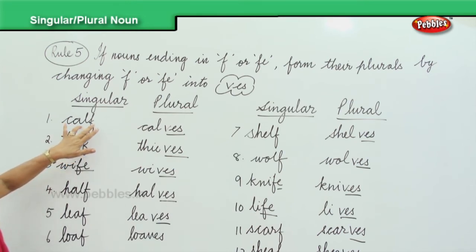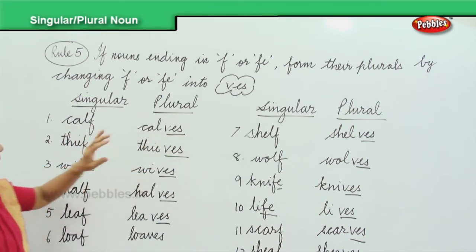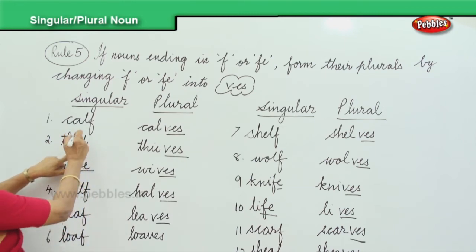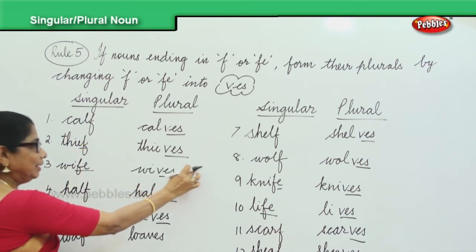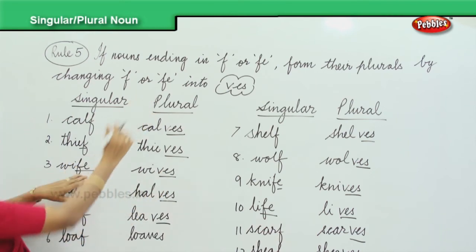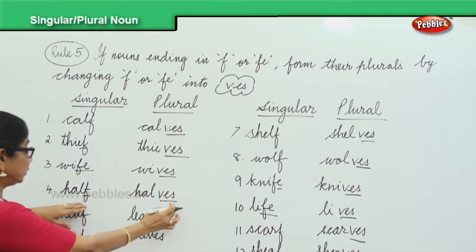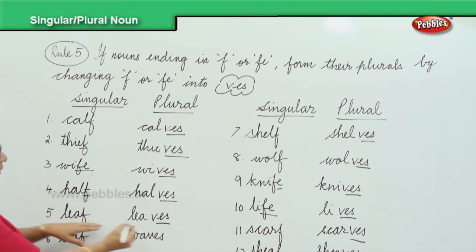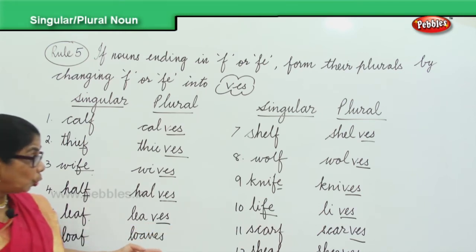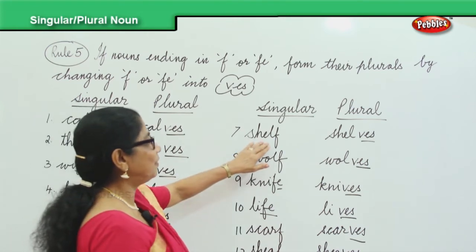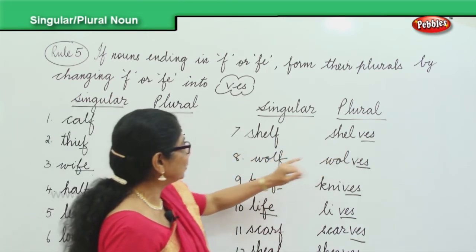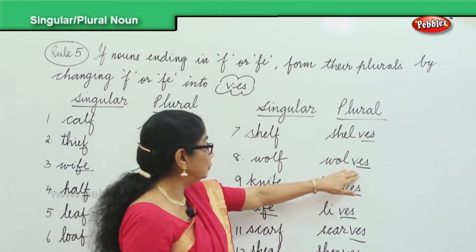Calf ends in F, we add VES, calves. Thief ends in F, thieves. Wife ending in FE, we take away that and add VES, wives. Half, halves. Leaf ending in F, leaves. Loaf, loaf of bread, loaves. Shelf, shelves. Wolf, wolves.